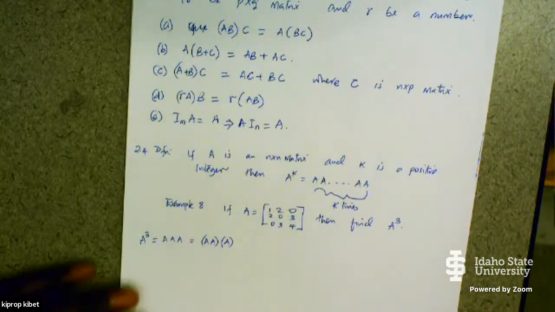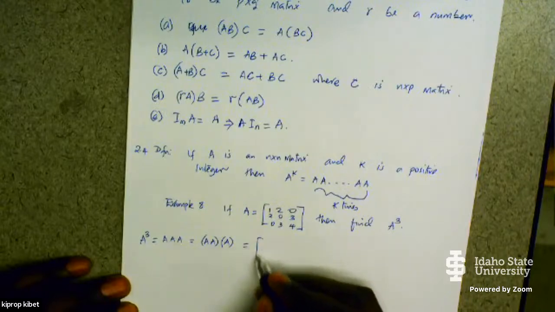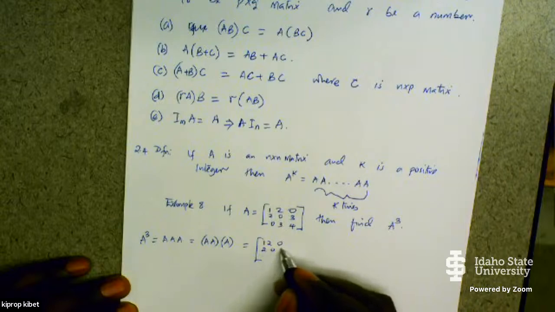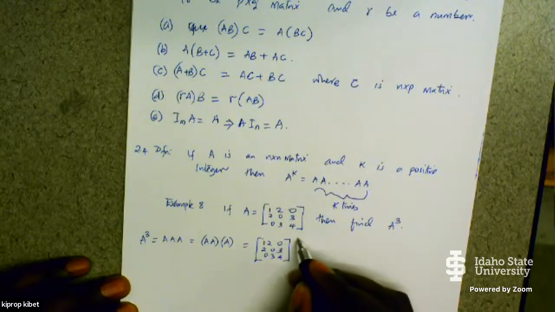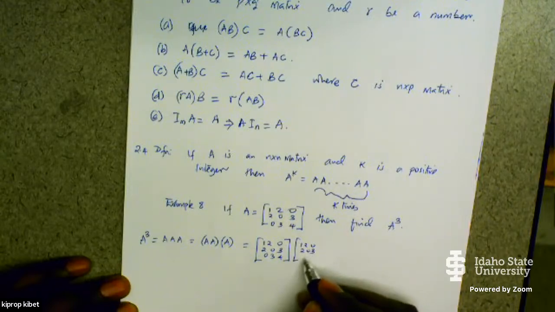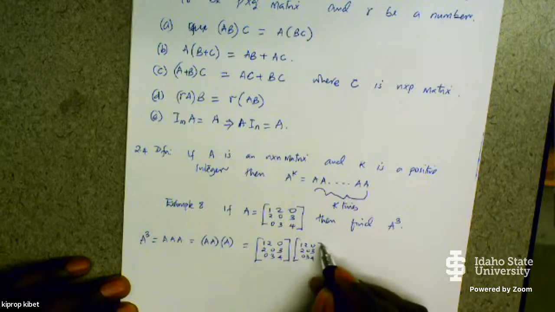Okay. And this is the same as multiplying A by A, which is 1, 2, 0, 2, 0, 3, 0, 3, and 4 multiplied by 1, 2, 0, 2, 0, 3, 0, 3, and 4.